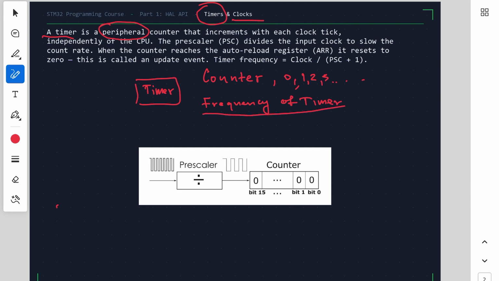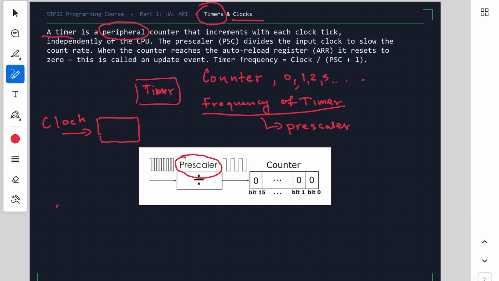And we can control the frequency of the timer using the prescaler. So as I said before, we have a clock that controls the timer. But there's an important parameter that we call the prescaler that dictates the frequency of the timer.